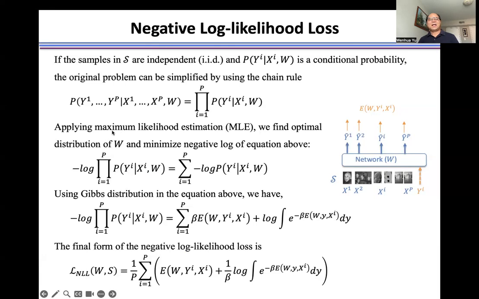If we apply maximum likelihood estimation, we can find the optimal distribution of W and minimize the negative log of the equation above. I take a log, and then we can change the multiplication to a summation. And again, if we use the Gibbs distribution and take a log, there are two parts: one part is the numerator, one part is the denominator.